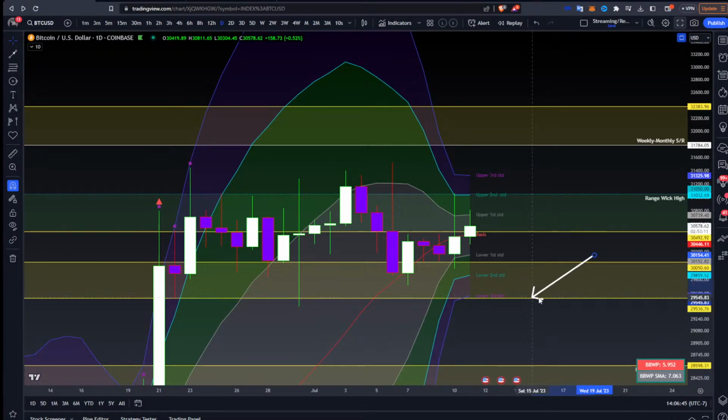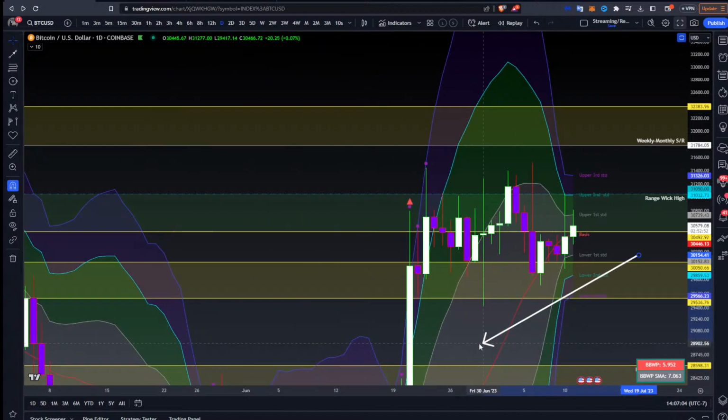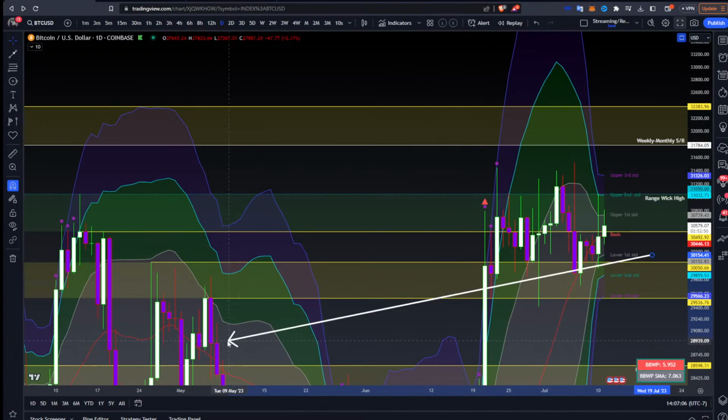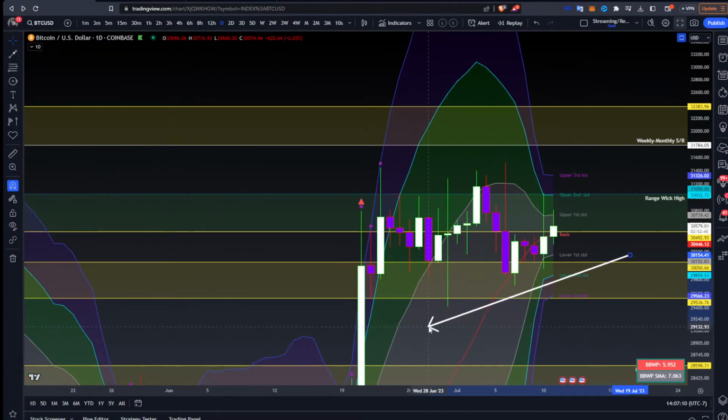To the downside, you can see just below the lower third standard deviation, we have that daily support area at 29.5. So you don't want to see deviations to the downside of the range that take out that 29.4 wick low and then bounce somewhere in the mid zone down here. There's some lower timeframe supports. There's also some close opens down here as well at around 29K.